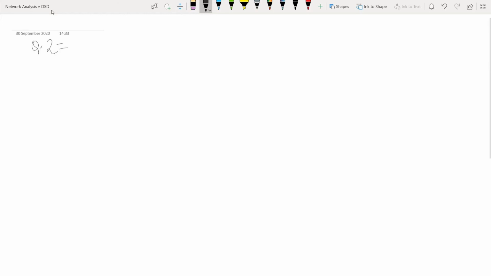It is y is equal to a bar b c bar plus a bar b bar c bar plus a b bar c bar plus a b c bar.